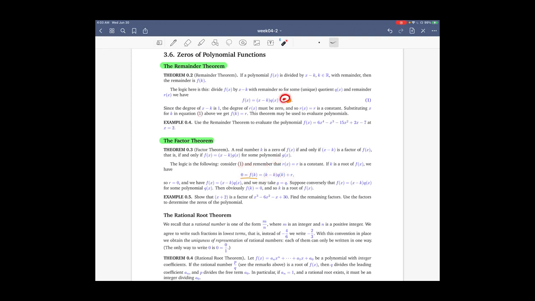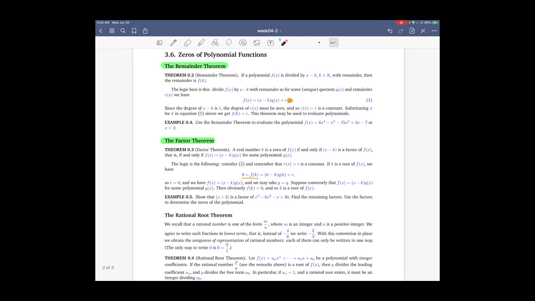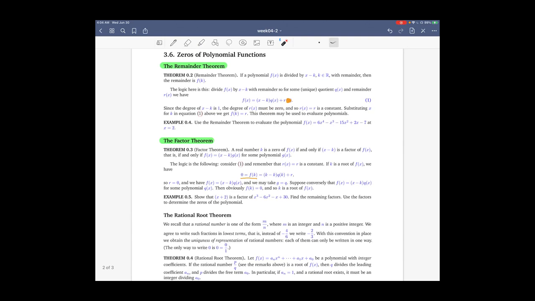Now, because r equals 0, we have f of x equals x minus k times q of x. And we can take our polynomial g that the theorem talks about to be q. So we have explained that if k is a zero of f, f may be written as x minus k times another polynomial.